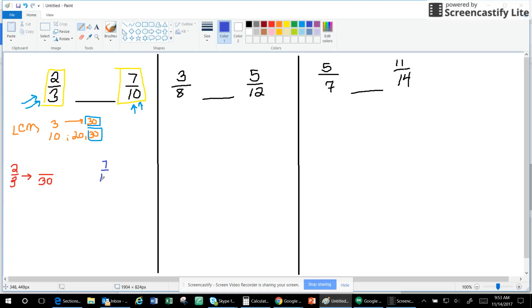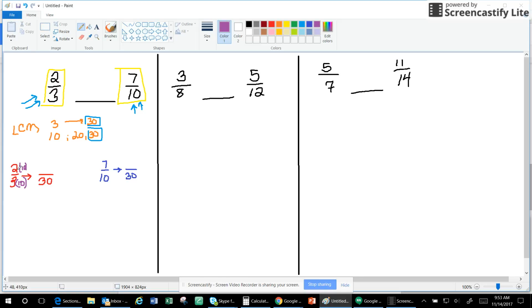I want 7 over 10 to look like something with 30 on the bottom. And the trick of this is, we have to think to ourselves, 3 times what number would get me to 30? And we should be thinking that's 10. 3 times 10 gets me to 30. Whatever I do to the bottom of that fraction, I have to do to the top. That way I'm not actually changing what the fraction is.